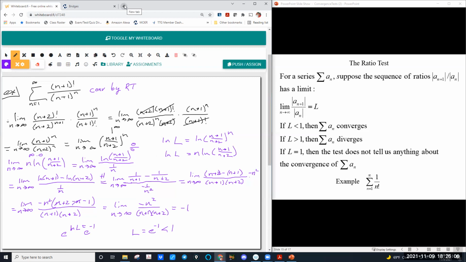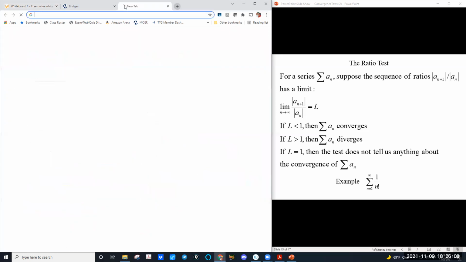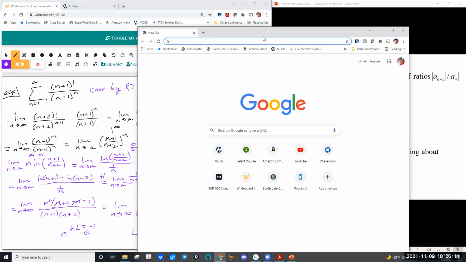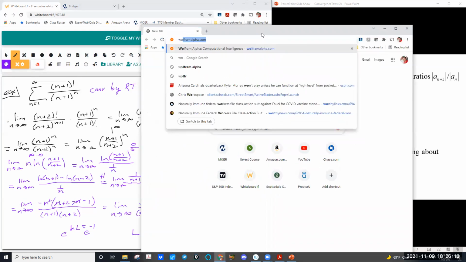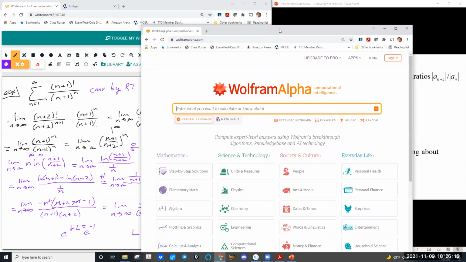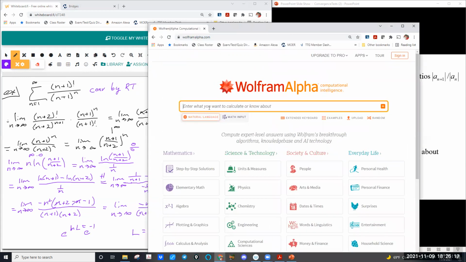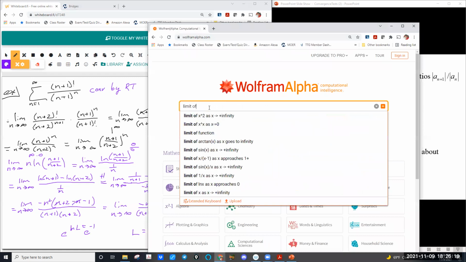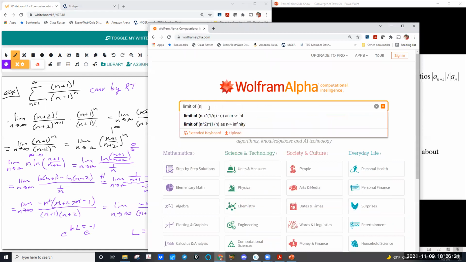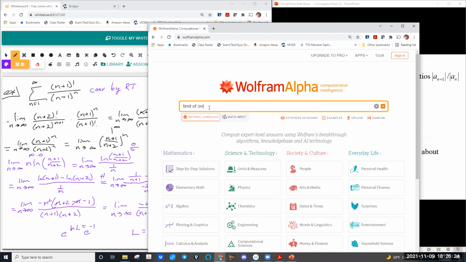Now, one of the things you can do as you're going through homework is use other means to help you calculate limits. What do I mean by that? Well, Wolfram Alpha can calculate limits. So limit of, let's see how we do on here. So this was the limit that we had to take right there.